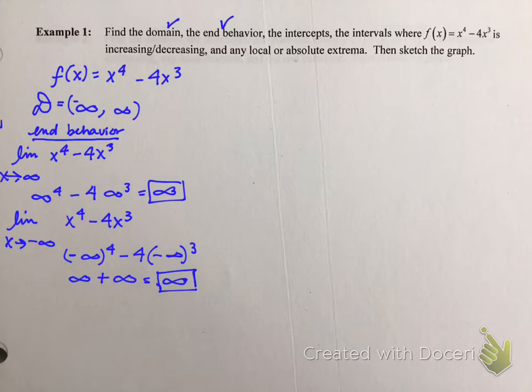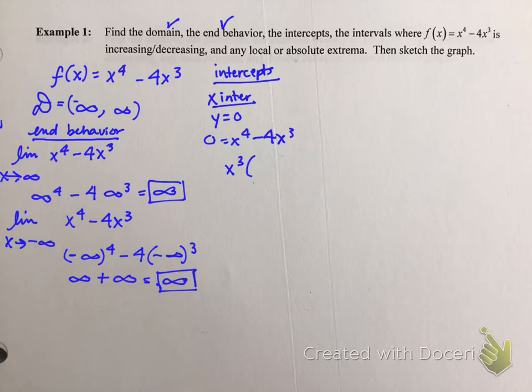Next it asks me to find the intercepts. If I find the x-intercept, I have to let y equal 0. So I get 0 equals x to the fourth minus 4x cubed. I factor out x cubed and I get x minus 4.